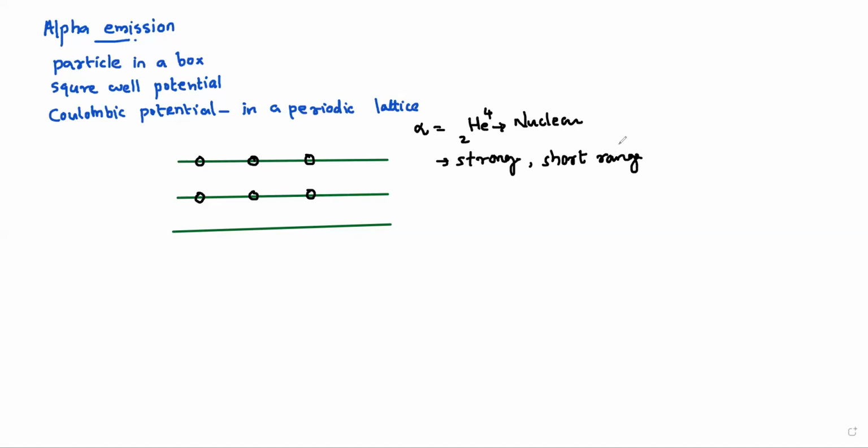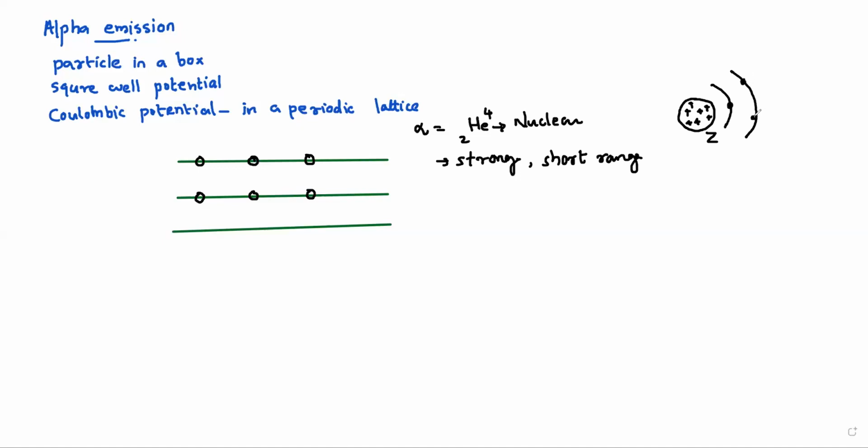A nuclear force is formed, and this nuclear force binds all the nucleons, or all the protons, within the nucleus. If we consider Z number of protons, then Z number of electrons is also present in the outer orbits.